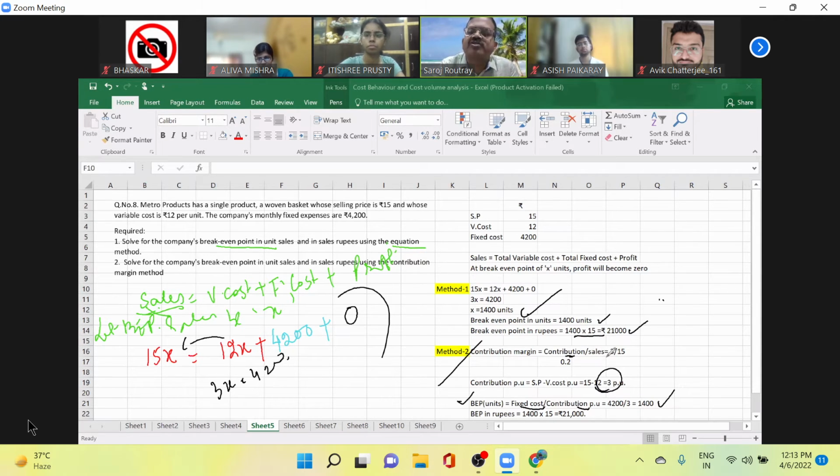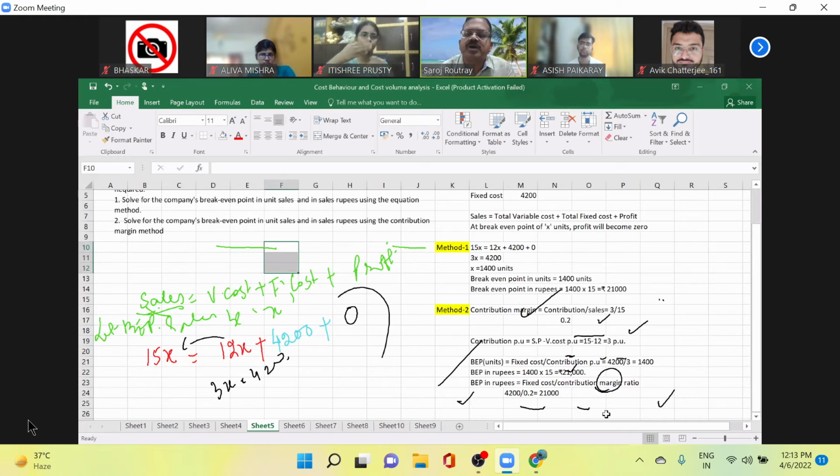So contribution 3 divided by sales 15 is 0.2. And using this contribution margin ratio, also you can find out the value of sales where you will have break-even point. Okay, so fixed cost divided by contribution margin ratio, that is coming 20,000. Right, that is coming 21,000.